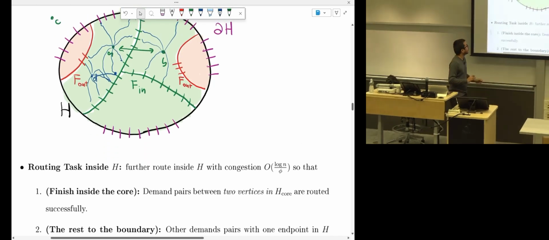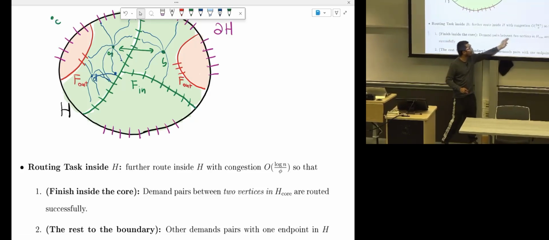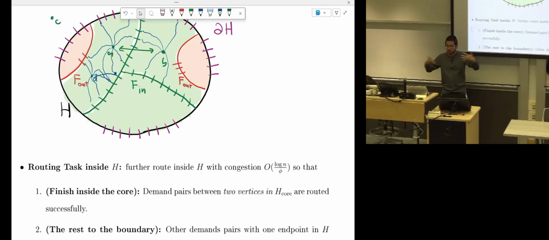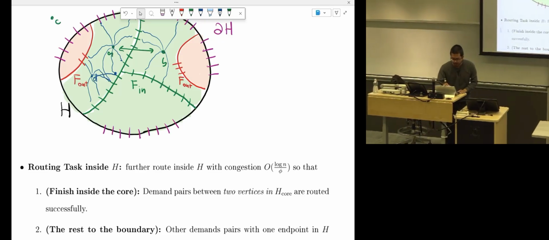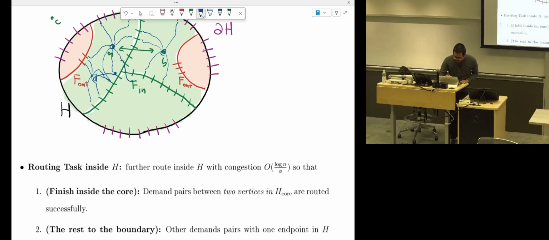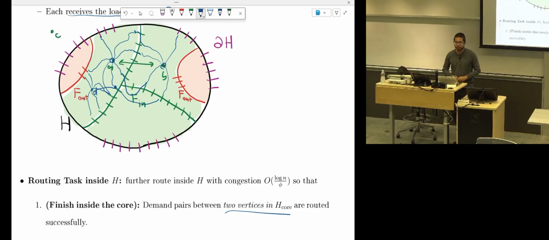My goal is that any demand pair between 2 vertices in the core will be successfully routed. For example, if it's between A and B here, I want to basically connect the flow path so that you get the flow path from A to B. You finish the routing. So if it's between things inside the core, finish it.